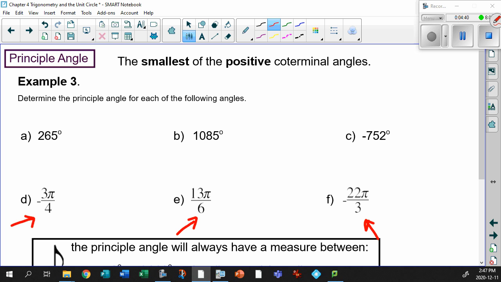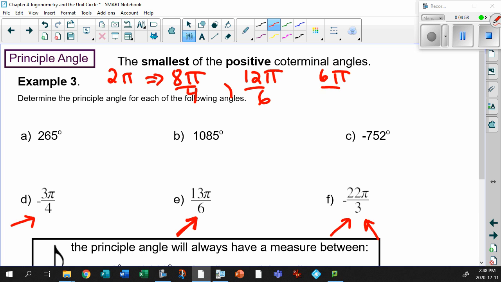So 2 pi in terms of over 4 becomes, guess what? 8 pi over 4, which over 6 would be 12 pi over 6. Over 3 would be, of course, 6 pi over 3. Every one of these is actually equal to 2 pi, but it's easier to look at them as common denominators, right? Okay.